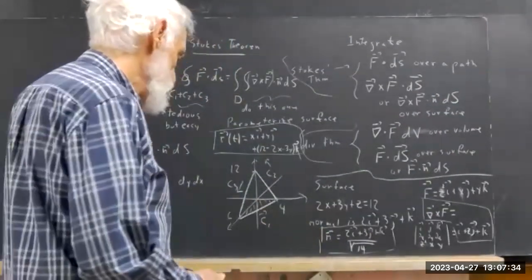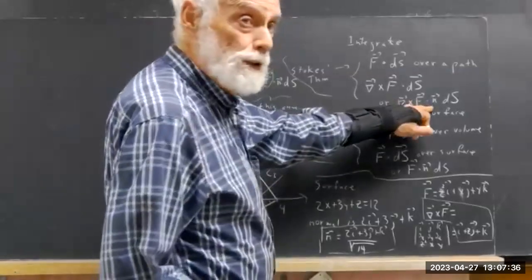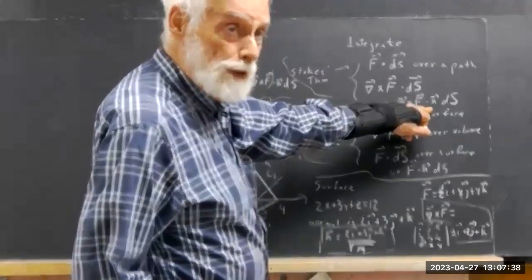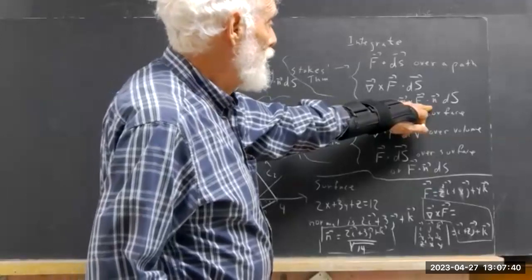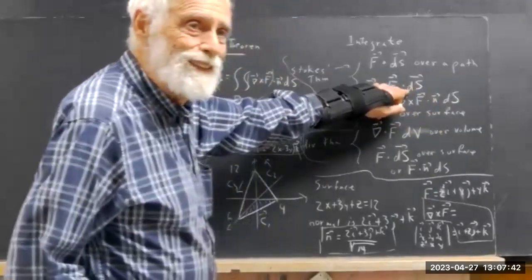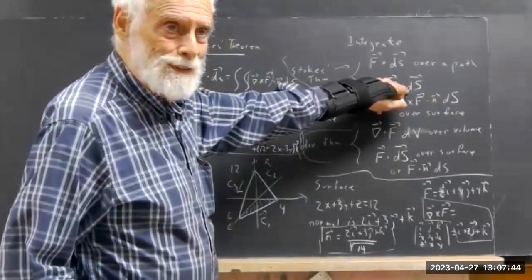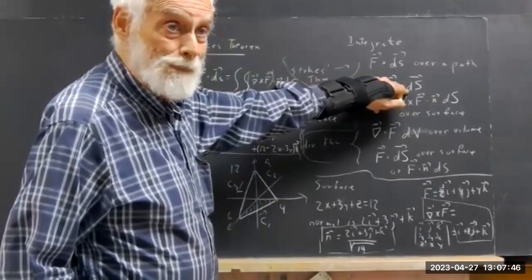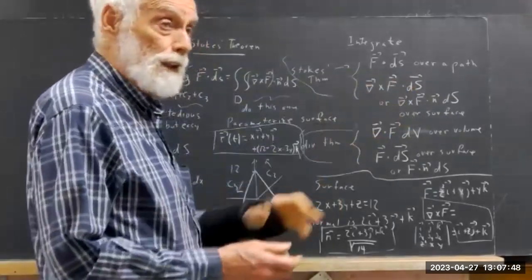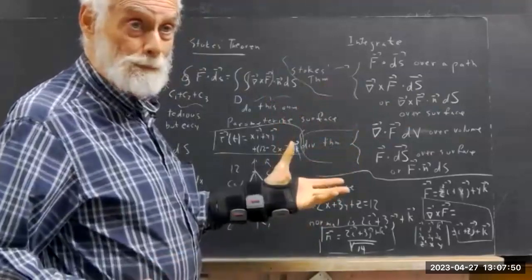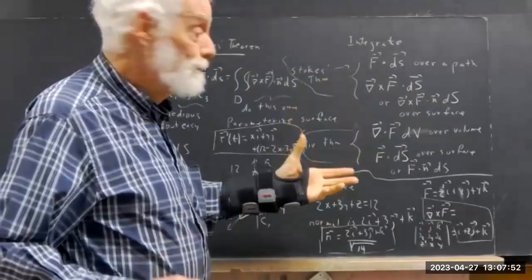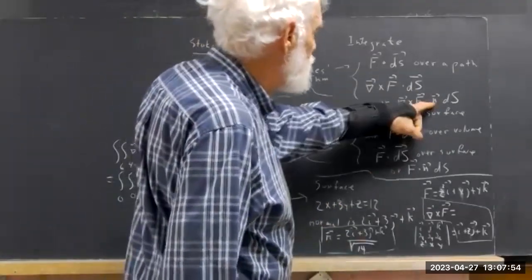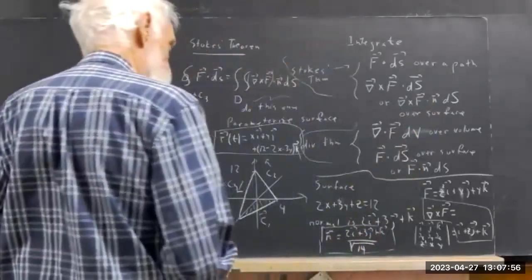When I wrote down N here, I said something about this being a unit normal. That contradicted what I said about N dS being your vector area increment. It's got to be normal, and it's got to have the right area. So your normal vector is not a unit vector.